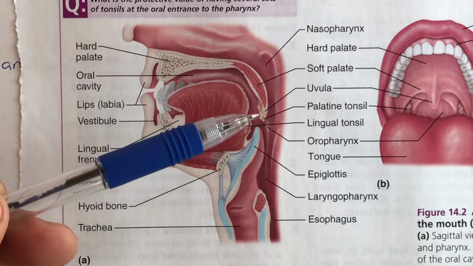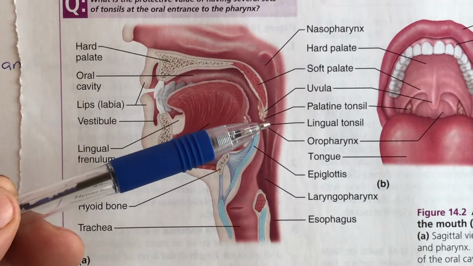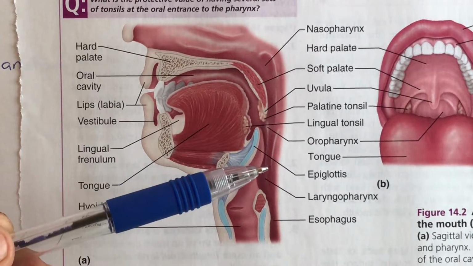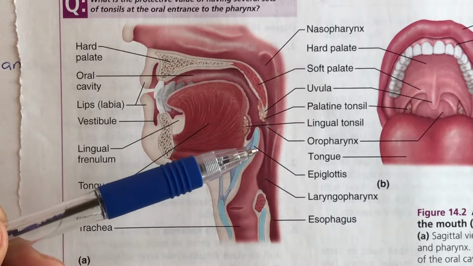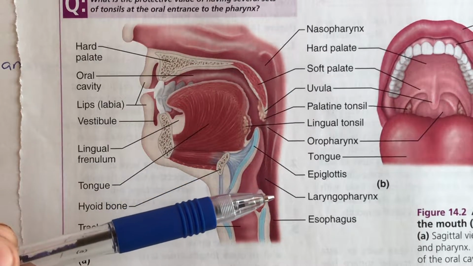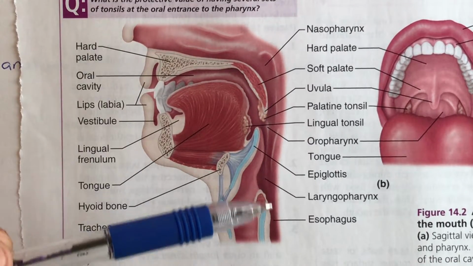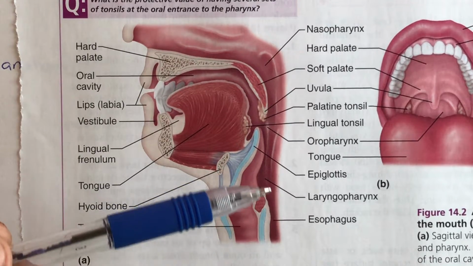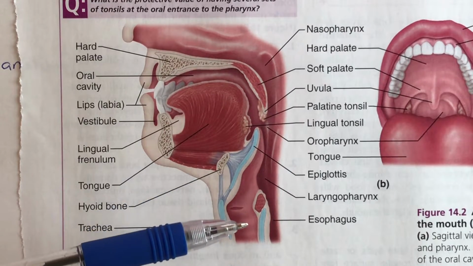Food enters through the mouth, enters through the pharynx, specifically the oropharynx, down into the laryngopharynx, and then finally the epiglottis will close down on the glottis, ensuring that food will travel down posteriorly, not anteriorly. Posteriorly to the esophagus, not anteriorly to the larynx and trachea.